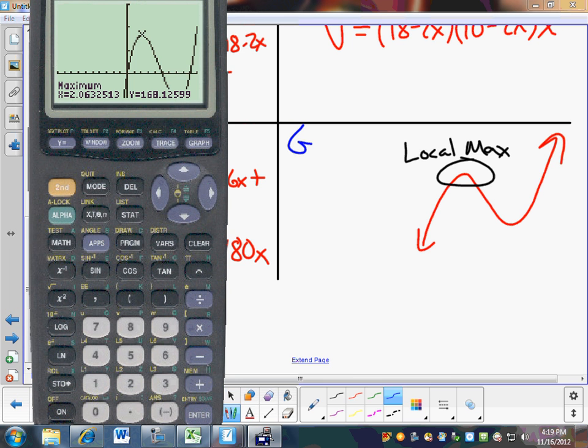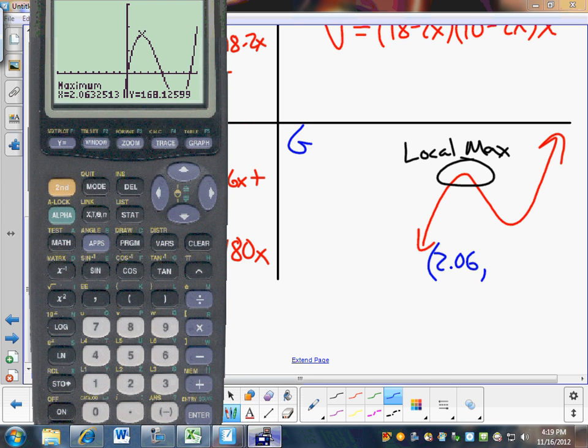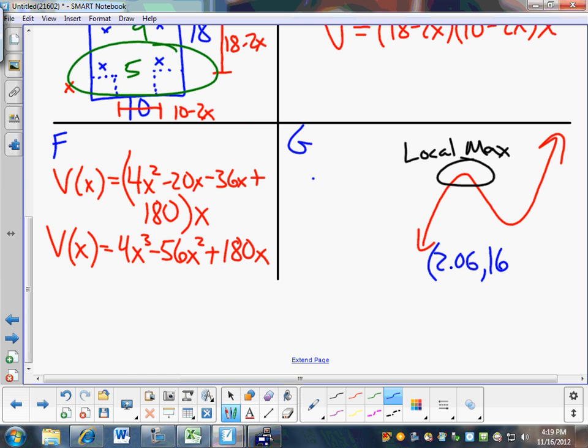So what does that represent? Well, this coordinate right here, 2.06, is the x value. And the y value, I think we saw, was 168.1, something like that. So that's that coordinate.